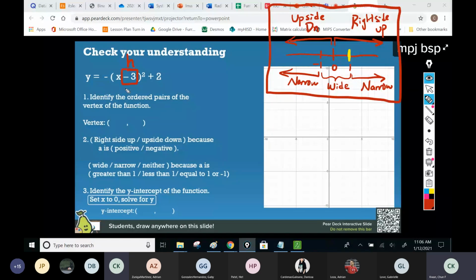So if you see a negative right here, that means you need a positive. And then the K, what you see is what you get, all right? The K, what you see is what you get.